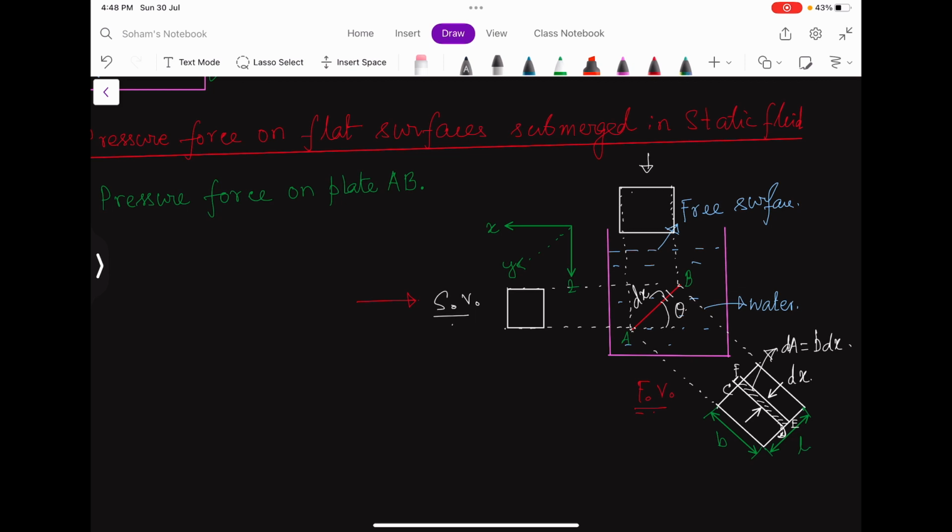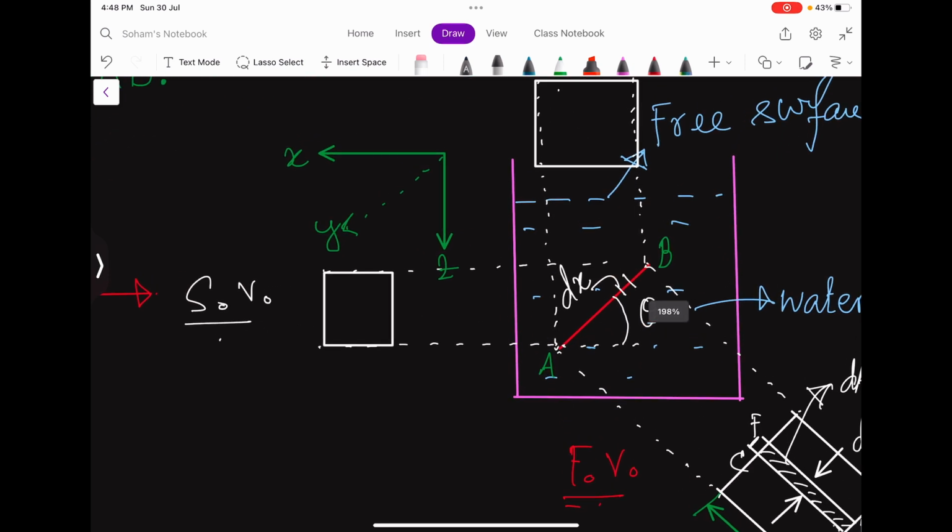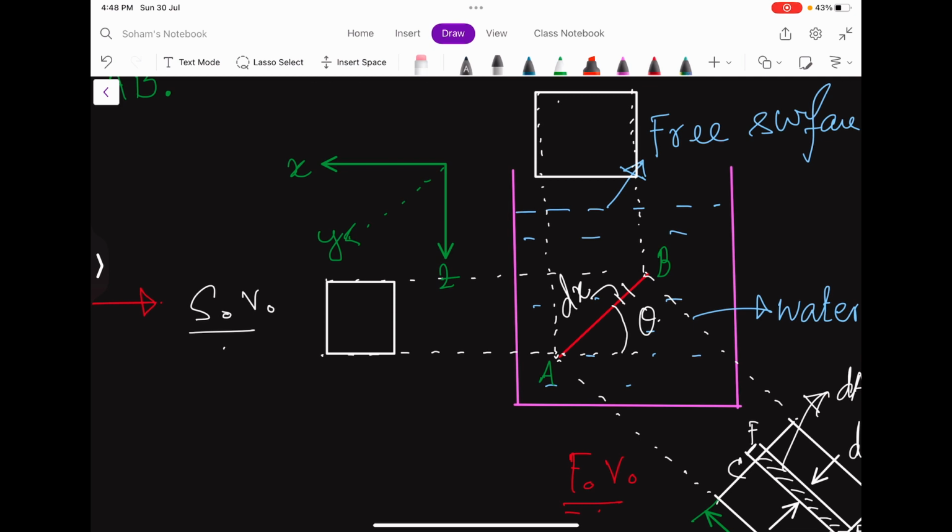Now this is an elemental strip. dx is so small that the height variation, or horizontal distance variation, can be neglected. So dx is as good as a point.